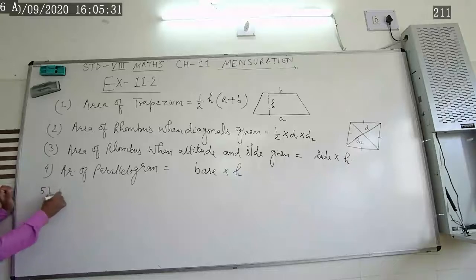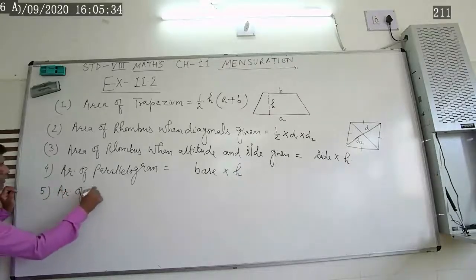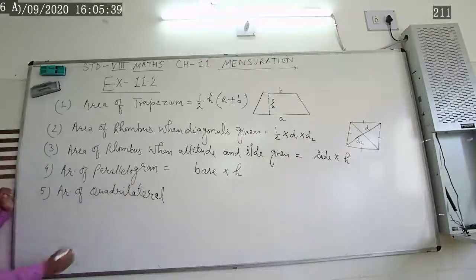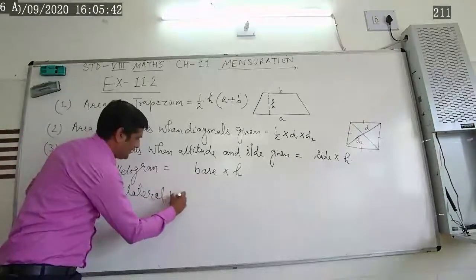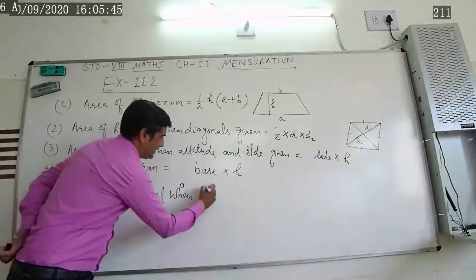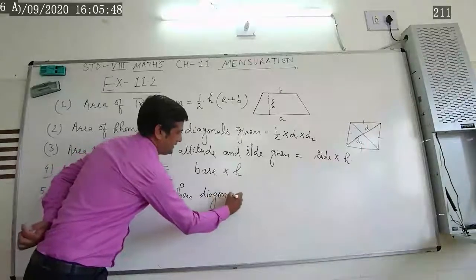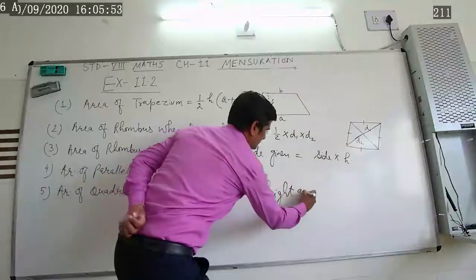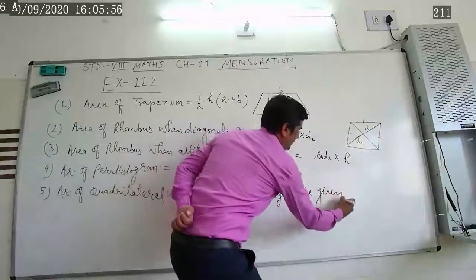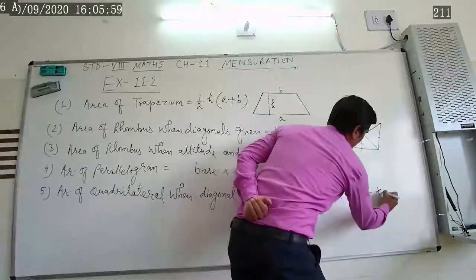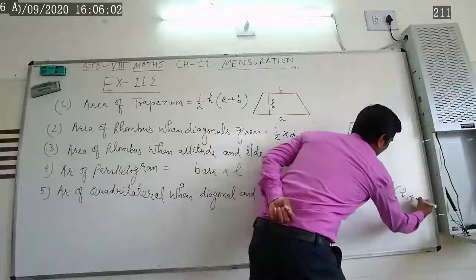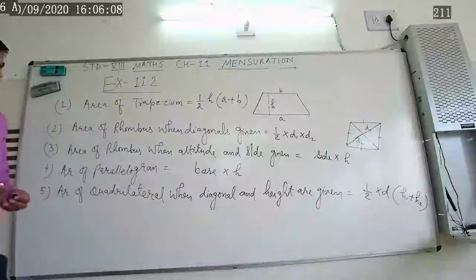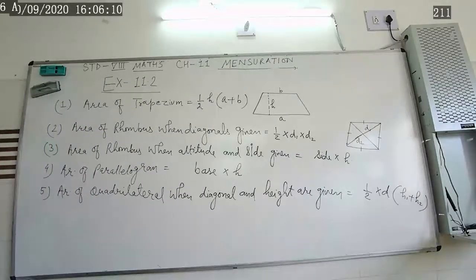The fifth one, area of quadrilateral when diagonal and heights are given, that is equal to 1 by 2 into D (altitude 1 plus altitude 2), that is 1 by 2 into D (H1 plus H2).